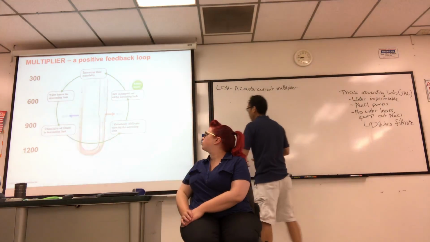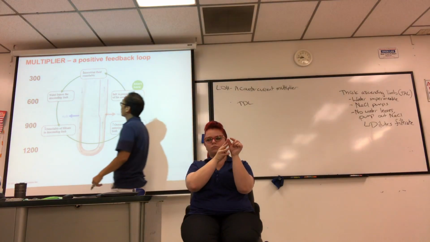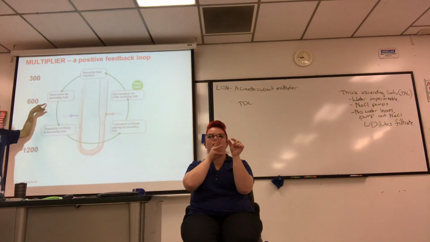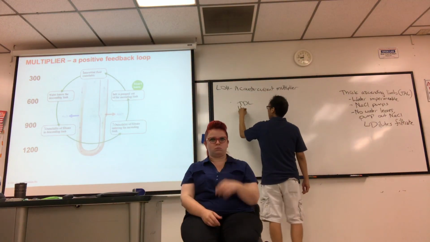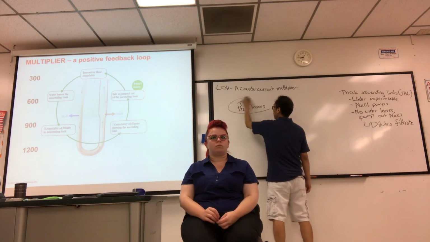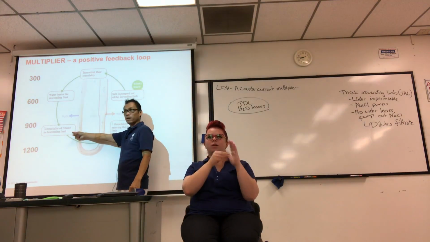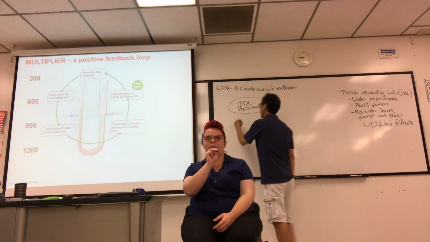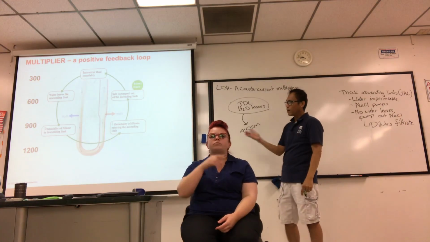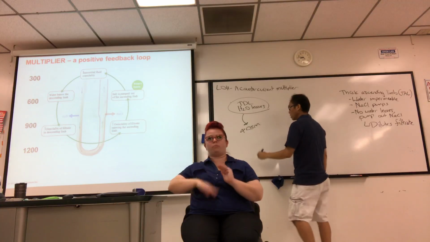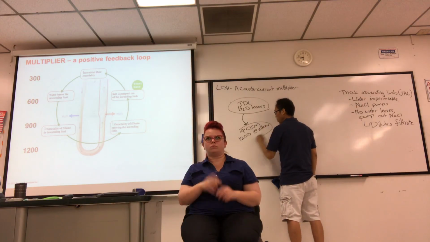So when you come in the thin descending limb, I'll call it TDL for short, water leaves the descending limb. Okay, we said that. Water leaves. Put a circle around that. The next point that we said was, well, that increases the osmolarity, right? Increase OSM. In fact, we even said that at the elbow, it maxes out at like 1200, right? It's 1200 at the elbow. So we've concentrated the filtrate.